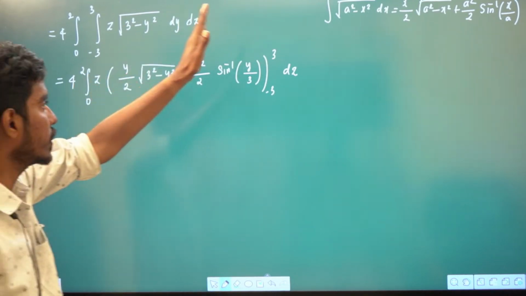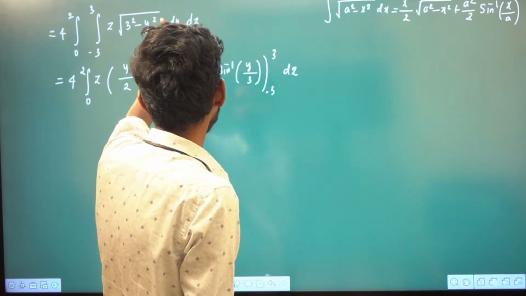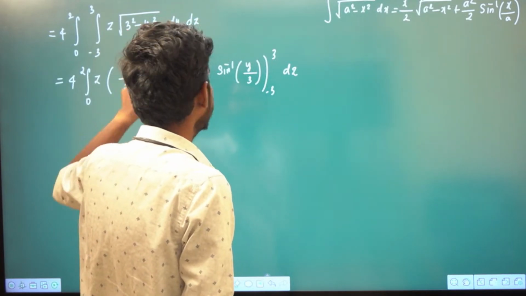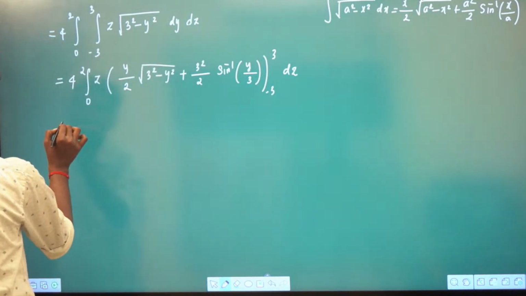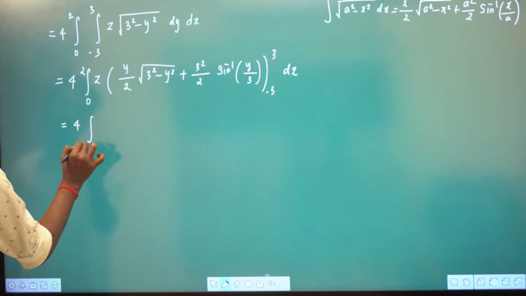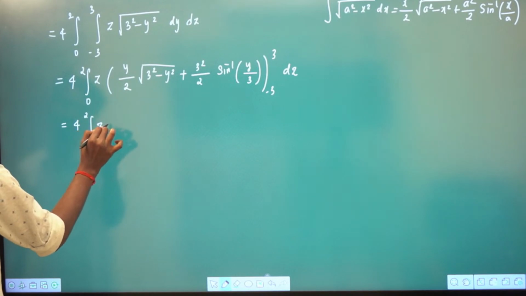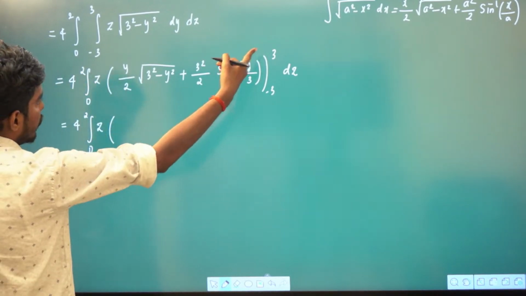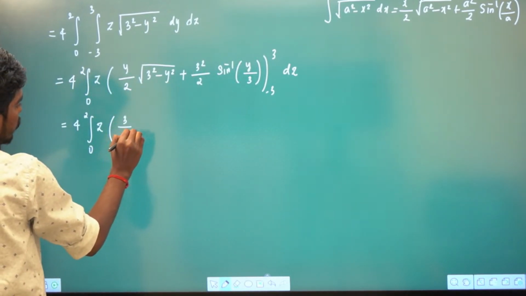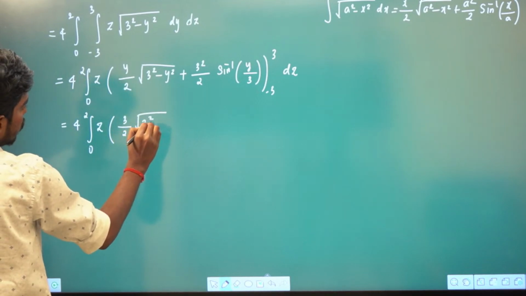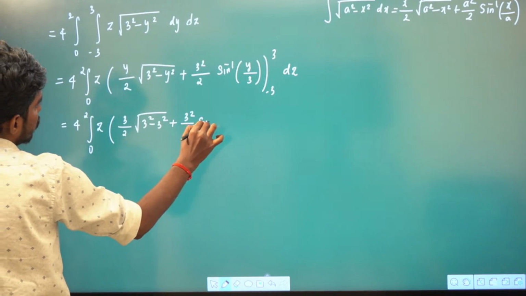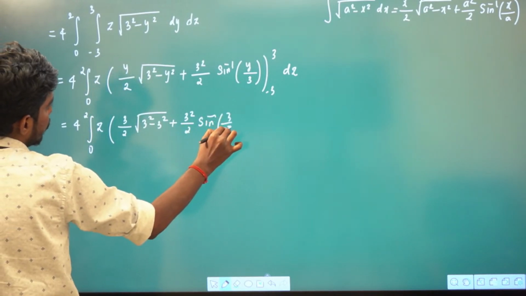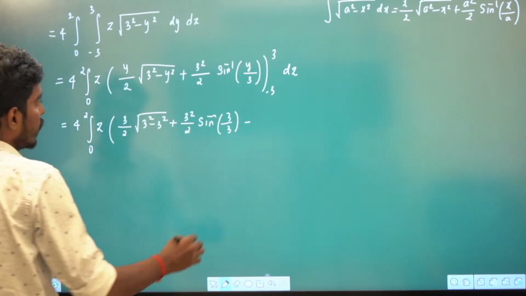See, just apply the formula directly. Instead of x we have y, and instead of a we have 3. That's it. So apply upper limit and lower limit. So 4 times z varies from 0 to 2. Now upper limit is 3, so 3 by 2 root of 3 square minus 3 square plus 3 square by 2 sine inverse 3 by 3, minus lower limit.